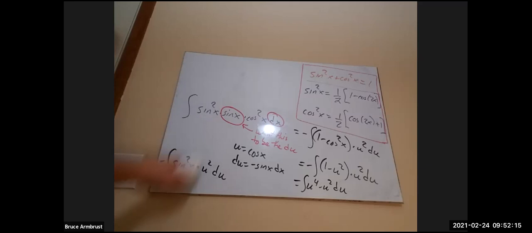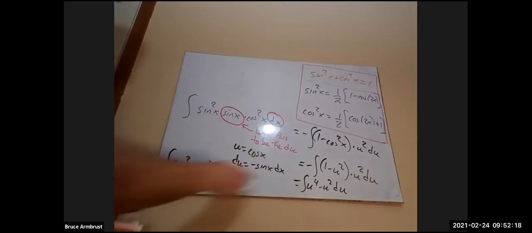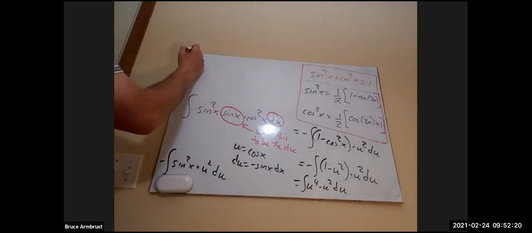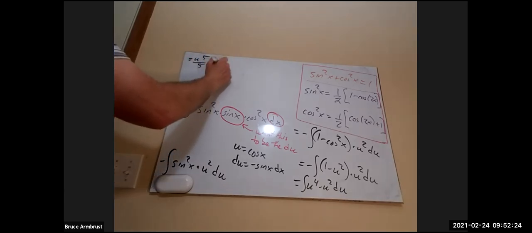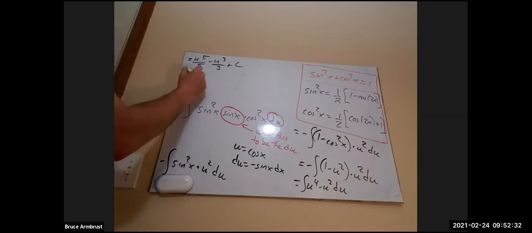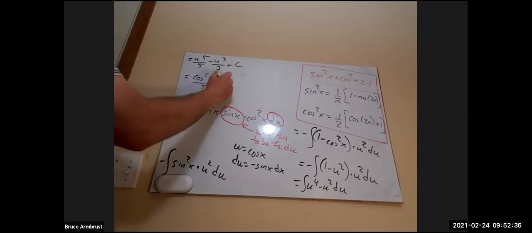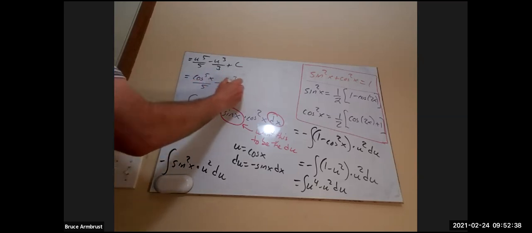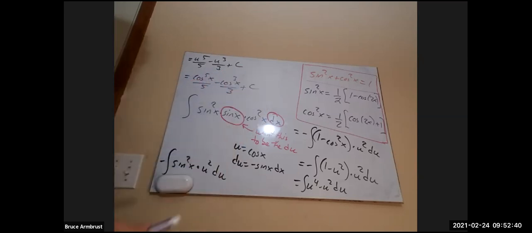Integrating this gives me u to the fifth over 5 minus u cubed over 3. And if I turn that back in, using the u substitution, this is cosine to the fifth over 5 minus cosine cubed over 3 plus C.